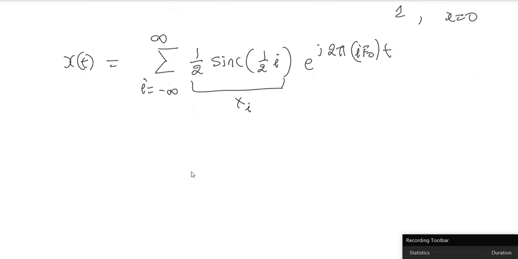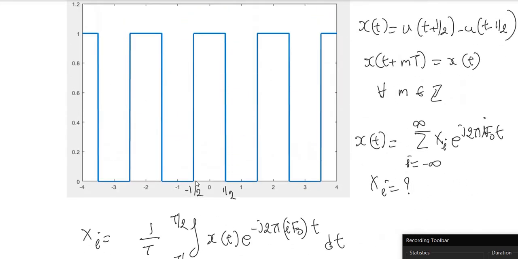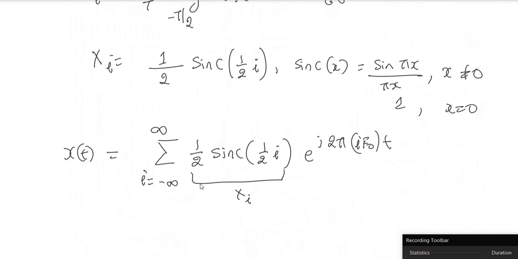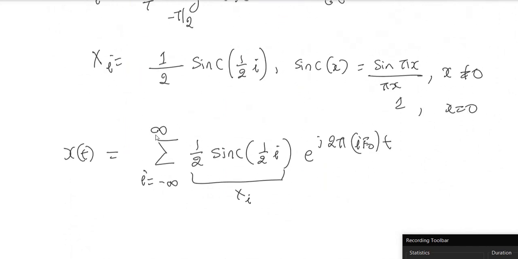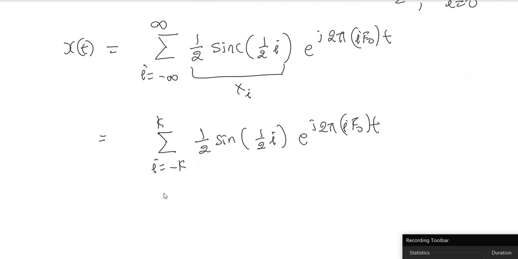Okay, so the best way to see this is using an example and see what happens when we change the i value here. If you put different limits and compute the sum, what will the sum look like? We're going to use Matlab, with different limits for the summation, from minus k to k, and a half, the same thing here.